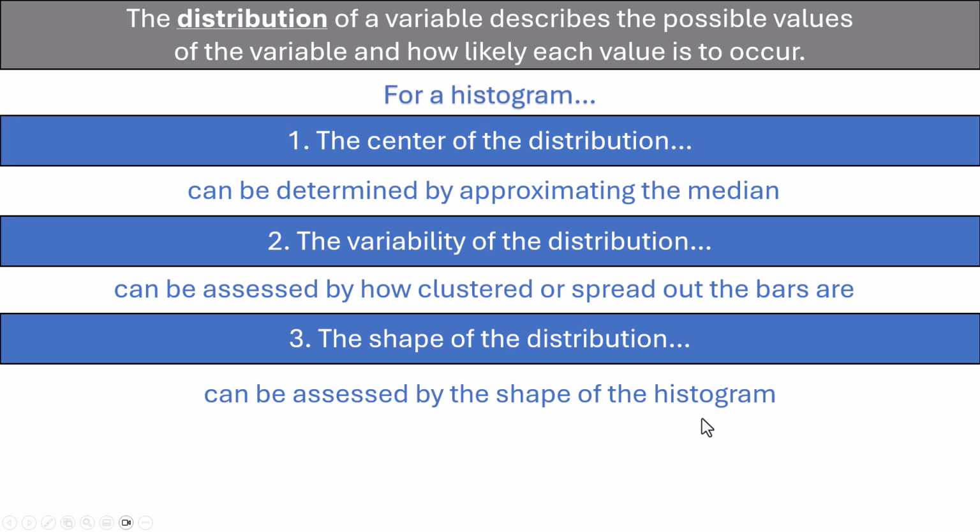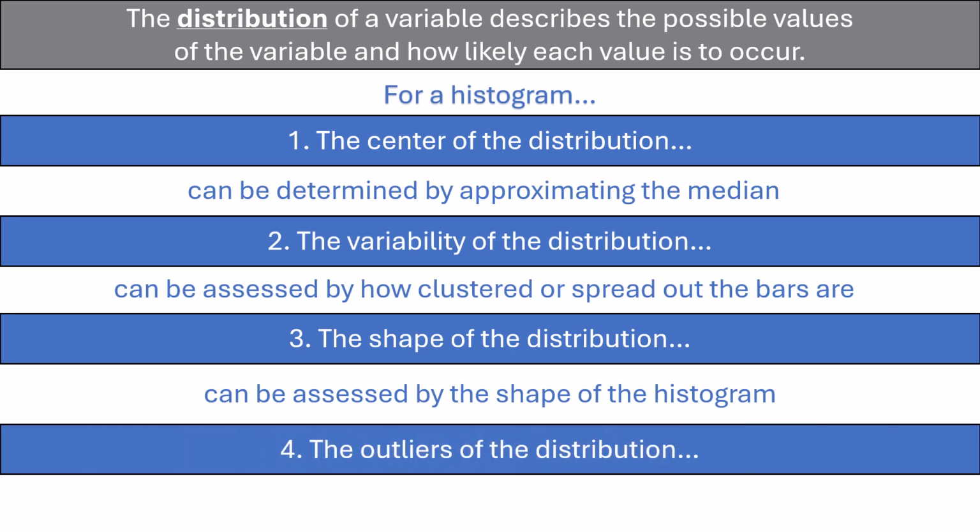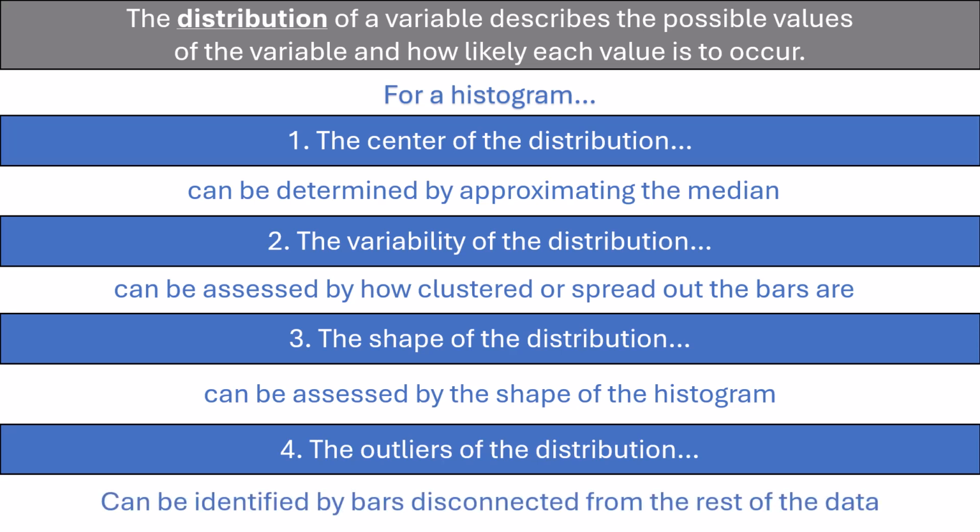Remember, this would be labeling the distribution as something like skewed left, skewed right, normal, bimodal, uniform, or any of those terms. We can also identify the outliers of the distribution by finding bars that are a little bit disconnected from the rest of the data. We'll look at examples of how to describe the distribution based on these 4 criteria in a future slide.